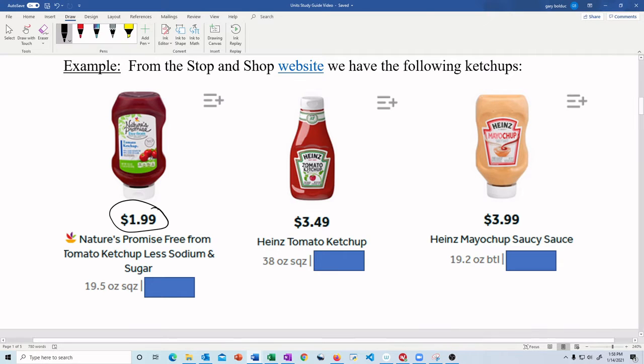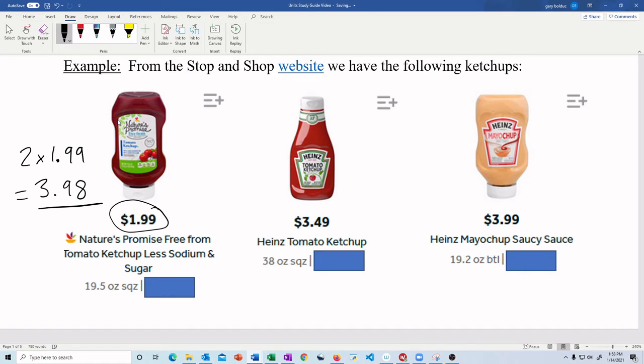You could get one of these bottles, or to get about the same amount here, you'd have to get 2 of these bottles. So just a quick calculation tells me 2 times 199, right? What's this going to be? This is going to be just shy of $4, so about $3.98.